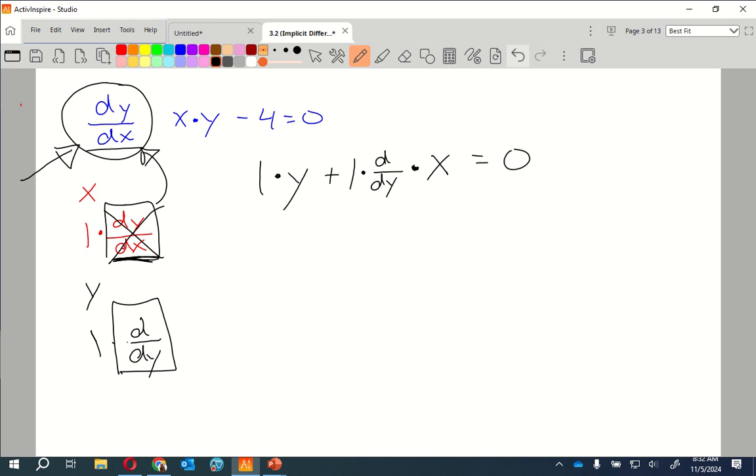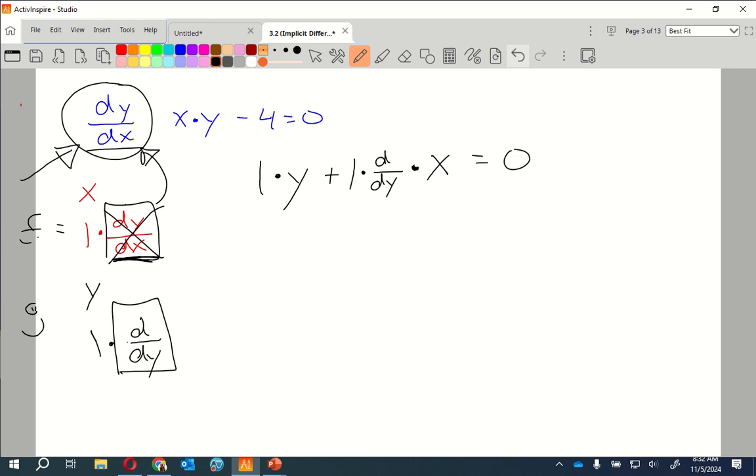Does that make sense so far? No? What part don't you like? Why do we write d over dy instead of just x? See this right here? So in my thing, this was my f, and this is my g, right?